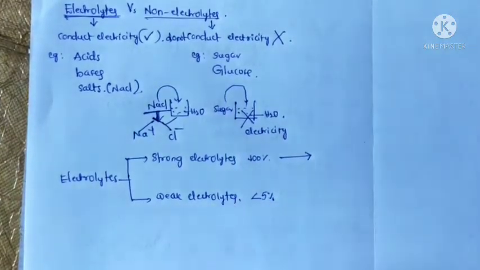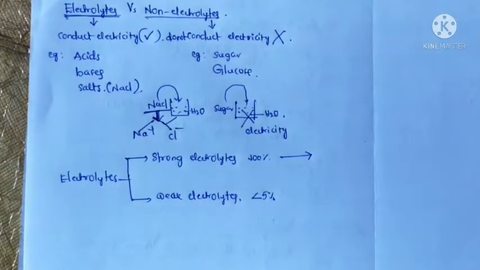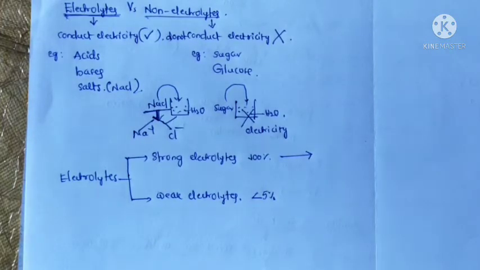The substances which ionize less than 5%, indicating partial ionization, are called weak electrolytes. Completely ionizable electrolytes are called strong electrolytes.